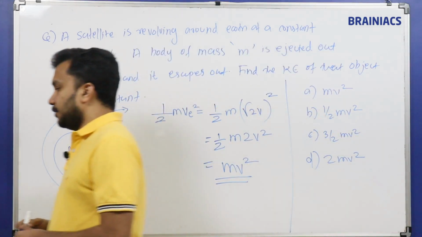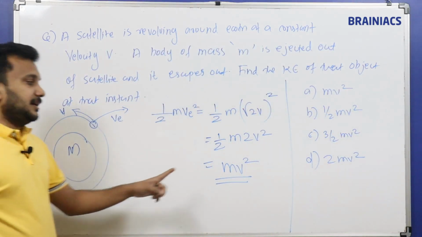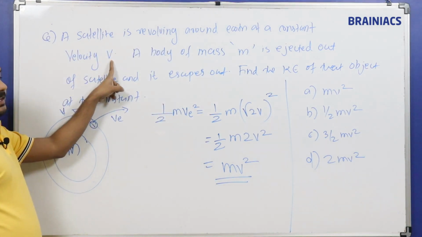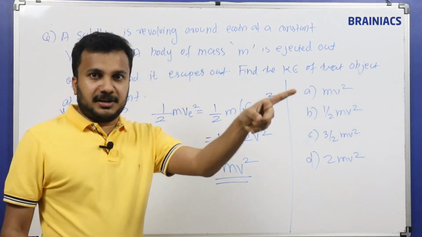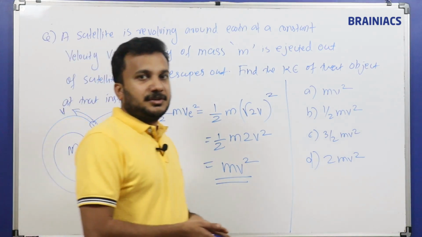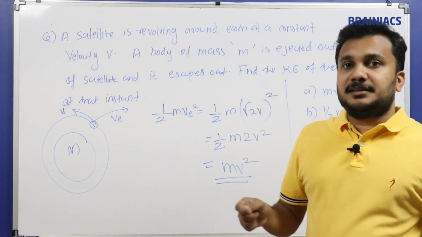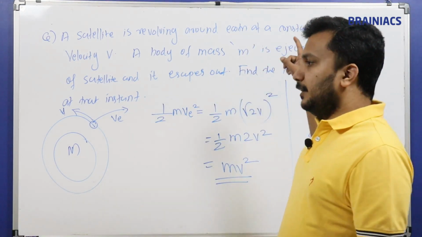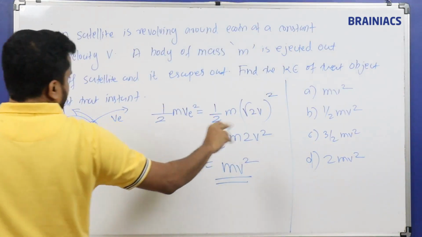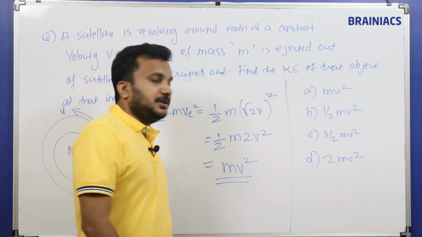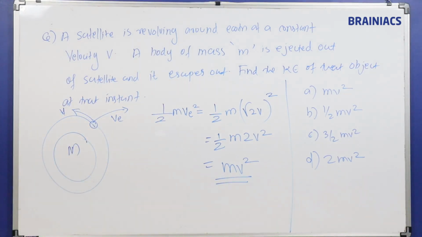Multiple options may come, and the answer to the question is mv square, because the satellite velocity is called orbital velocity, and the body is ejected from the satellite with a velocity called escape velocity, and that escape velocity is equal to root 2 times of orbital velocity v. So we have the clear picture and we substituted there, and we got the answer to the question as mv square.